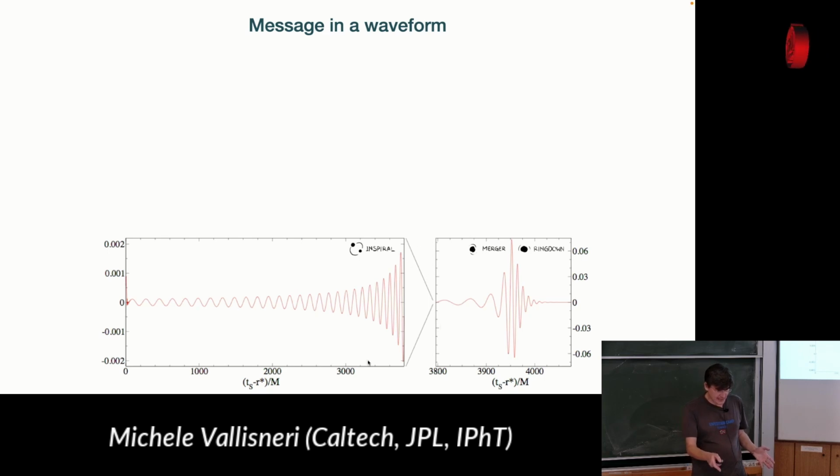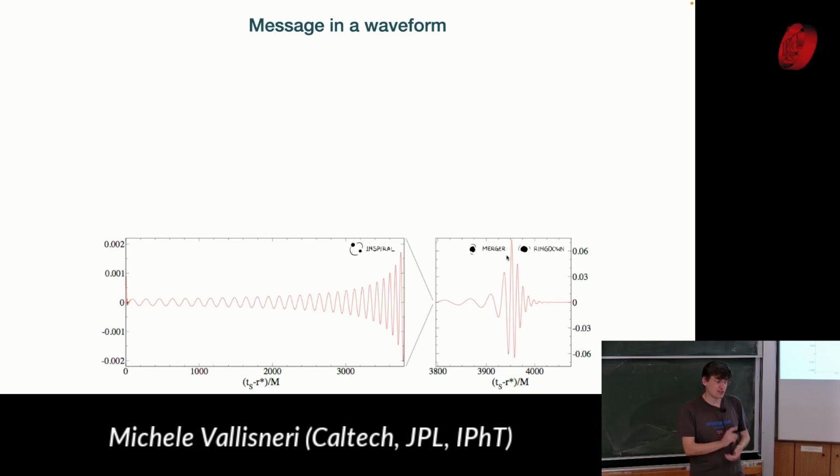So this large oscillation here is depicted as much smaller because the merger is much more luminous. It's only a few cycles, and it gets more complex if you have spinning black holes with non-aligned spins, orientations.